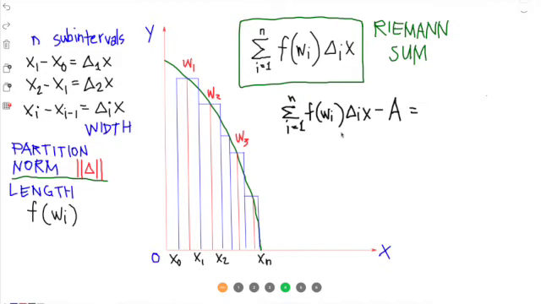So we want the difference of our Riemann sum and our actual area to be as small as possible or to become zero.